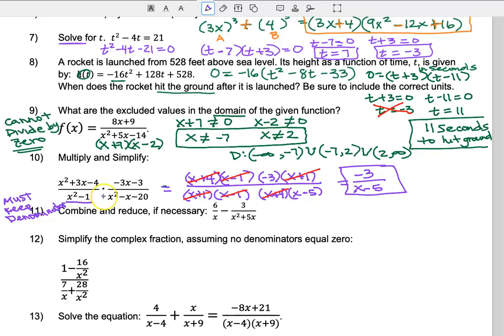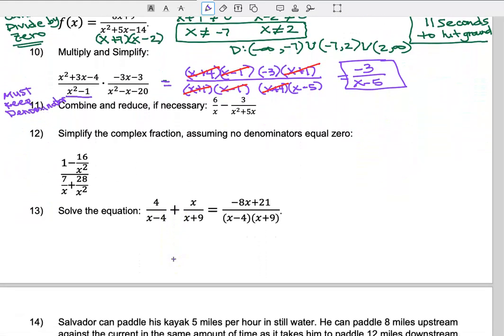We're going to do one down here on number 13, and I'm going to write next to that one, this one is where we're going to kill off the denominator. I'm going to get rid of it. So two different things that you have to do here.